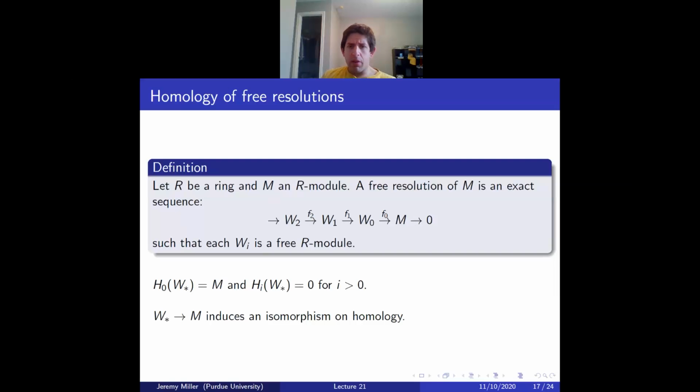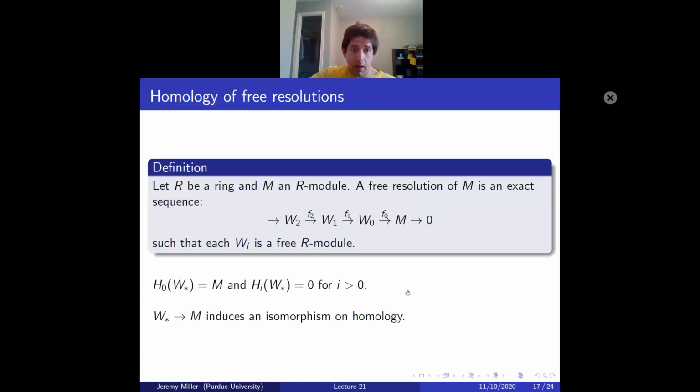Are there people who took Manuel's infinity categories class last semester? Okay, a few people. He presumably talked about model categories, and you can say that W_* is like a cofibrant replacement of M in some model category.